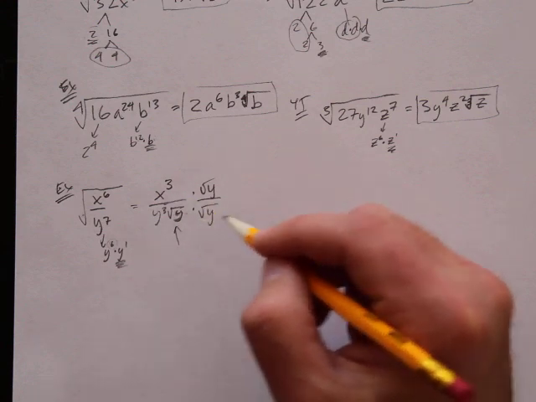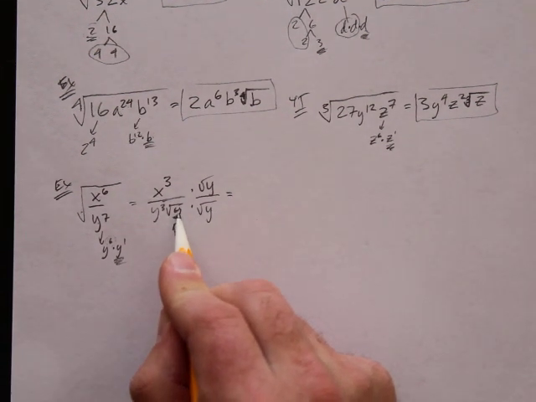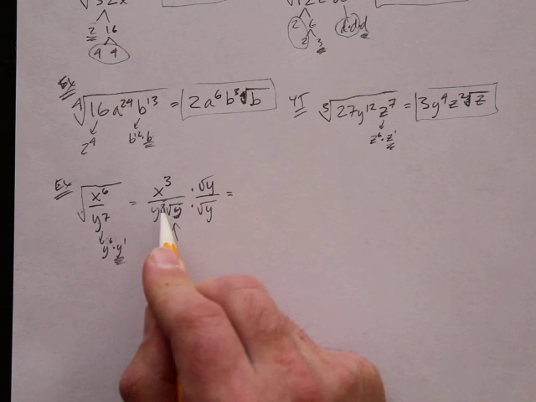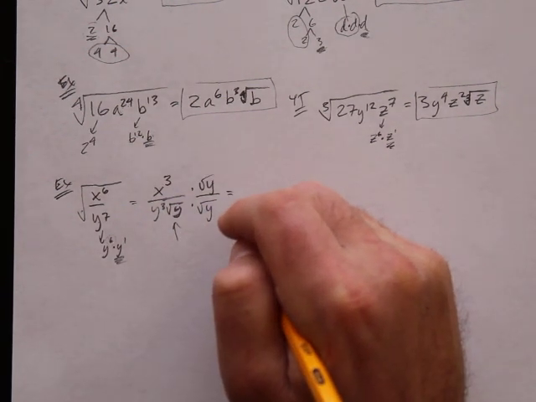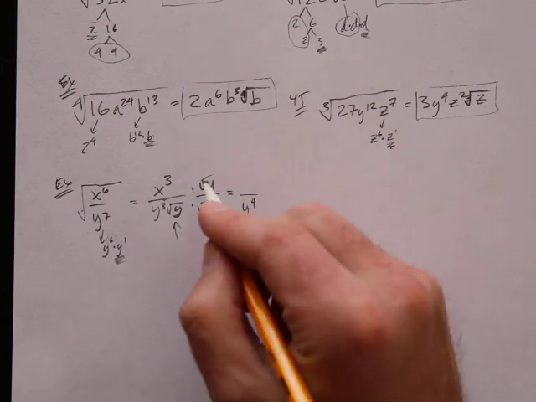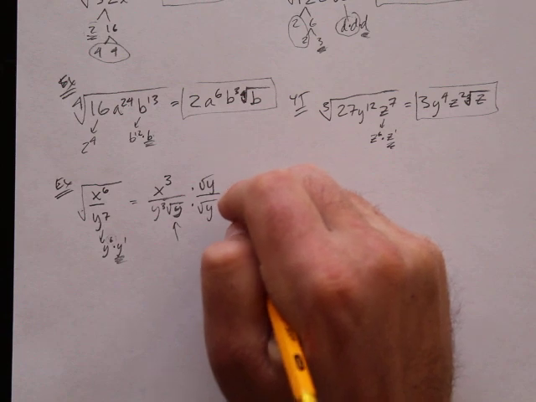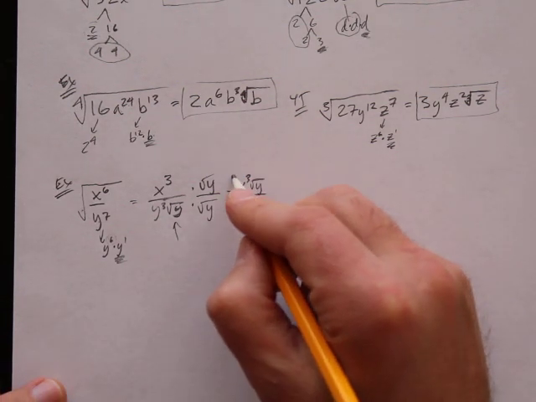We're taking away the radical sign. So square root of y times the square root of y is y. So that means I have y to the 3rd times y, which is going to give me y to the 4th. And then in the numerator, I have x to the 3rd times the square root of y. And that is my answer.